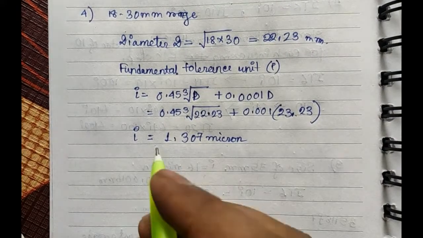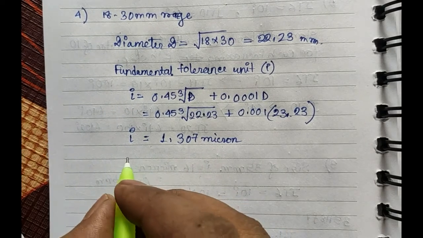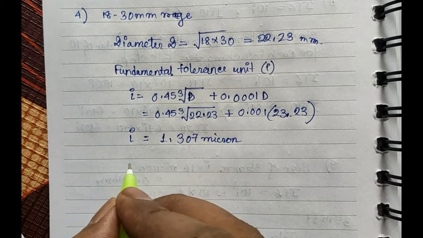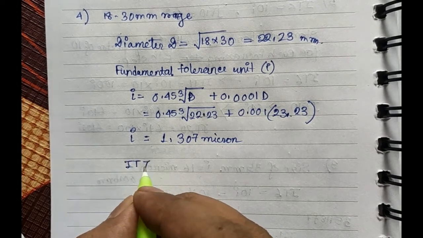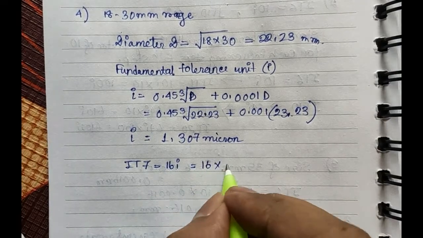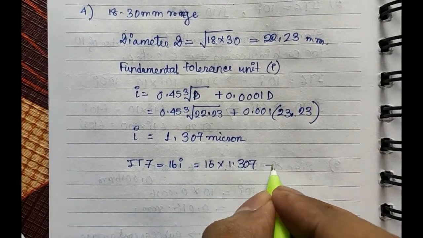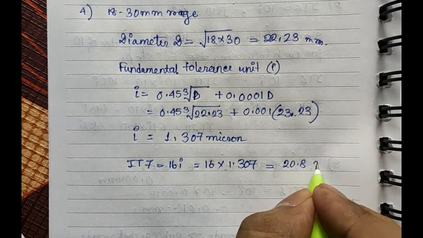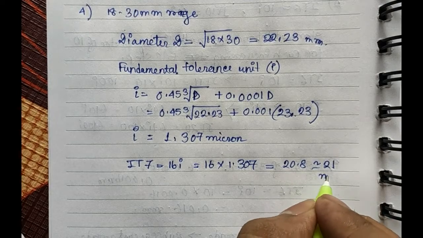Now, since it is given that it will be H7, so IT7, the value of IT7 is also given as 16i. So it will become 16 into 1.307, that will become 20.8. So we can consider 21 micron.